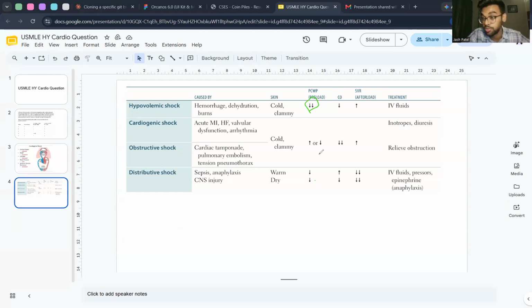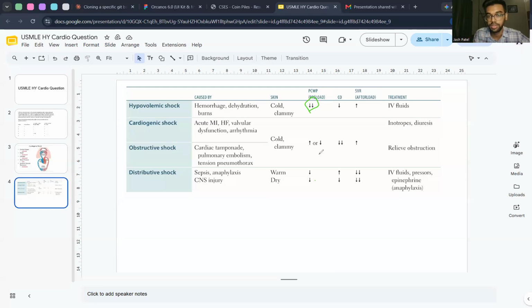Obstructive shock. Now obstructive shock can be due to various etiologies. It can be due to cardiac tamponade, it can be due to pulmonary embolism, or also due to tension pneumothorax. And the hemodynamic parameters can mimic cardiogenic shock, right? So the only way to differentiate between cardiogenic shock and obstructive shock essentially is looking at the clinical picture.